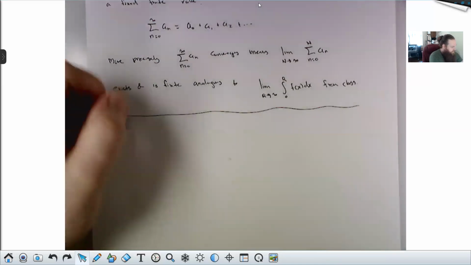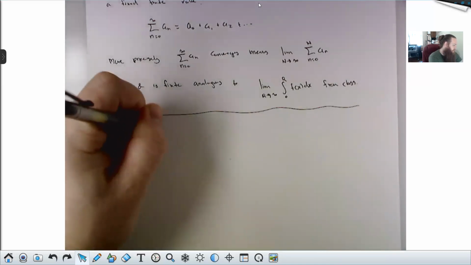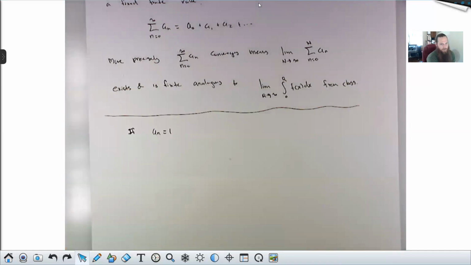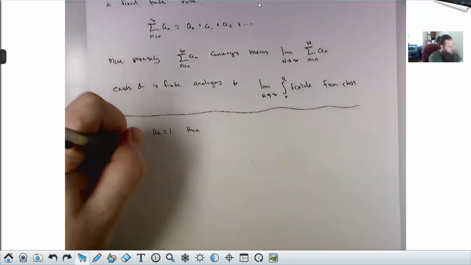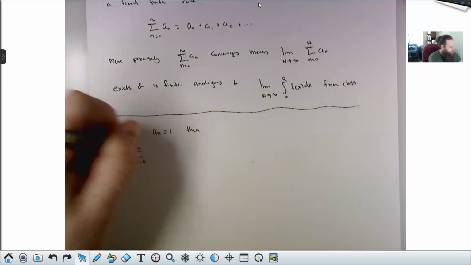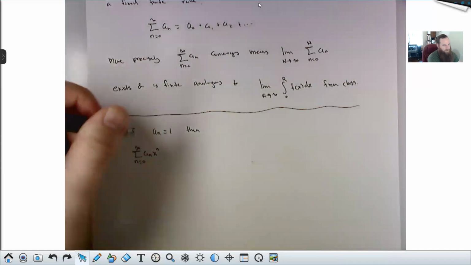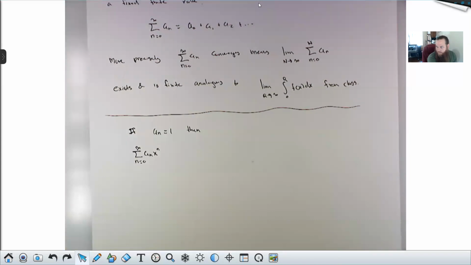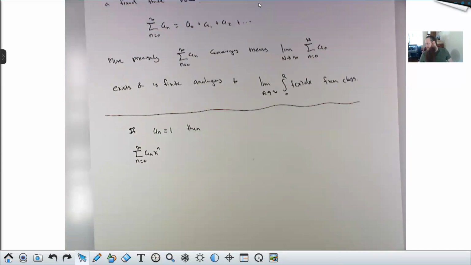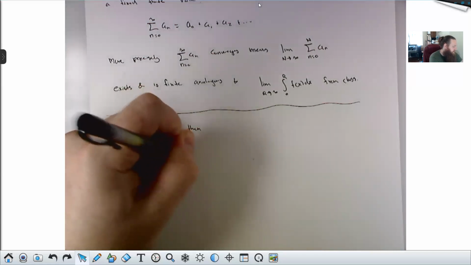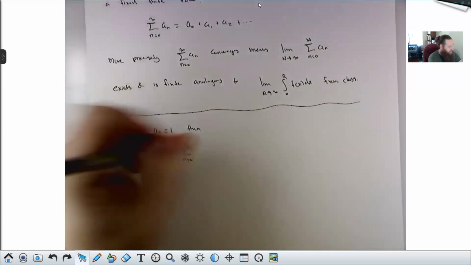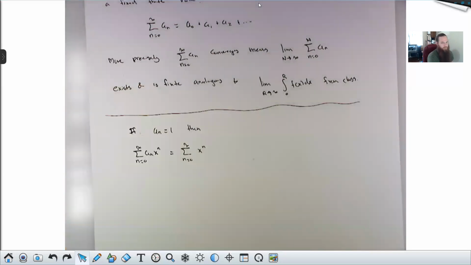Coming back to power series, if a_n is the constant function 1, then the sum from n equals 0 to infinity of a_n x to the n, I'm going to center at 0 pretty much all the time, would just be the sum from n equals 0 to infinity of 1 times x to the n, which is just the sum of x to the n. What is this?